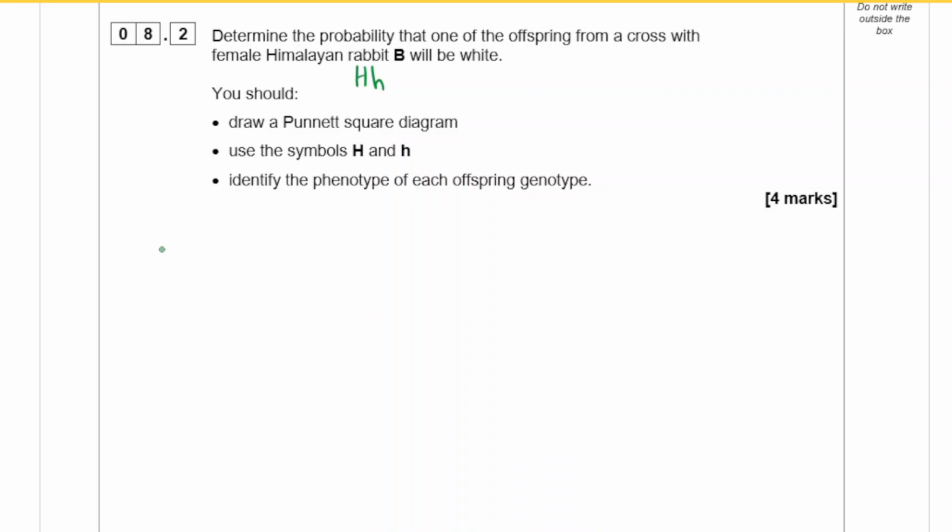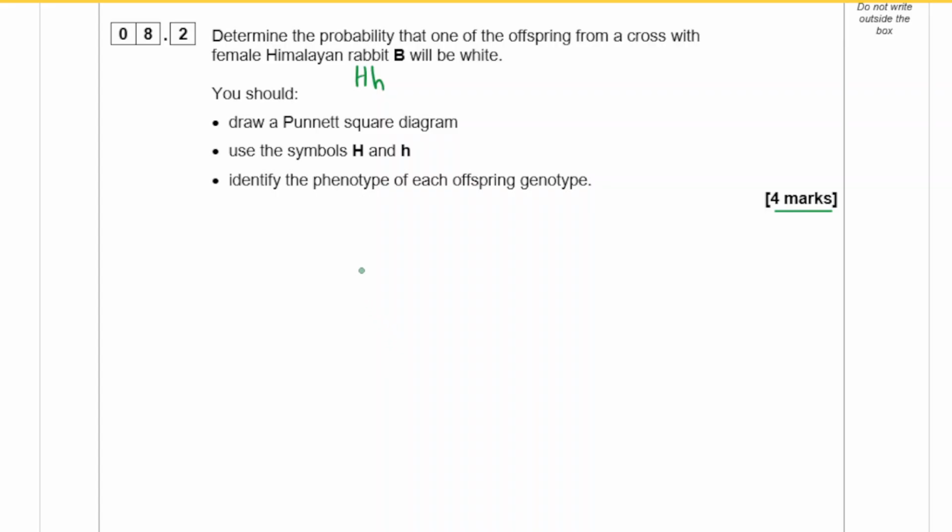Use the symbols capital H and lowercase h. Identify the phenotype of each offspring's genotype. So that's 4 marks. Now there was a similar question in the 2024 exam paper as well, and they've repeated the same question. The main reason being students failed to get the full marks because they didn't do all of these things.